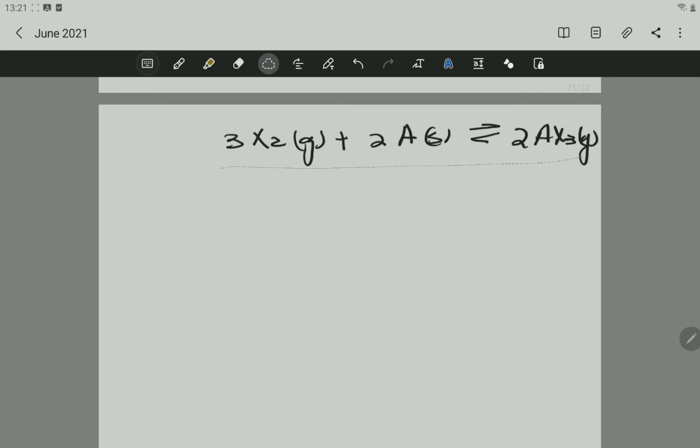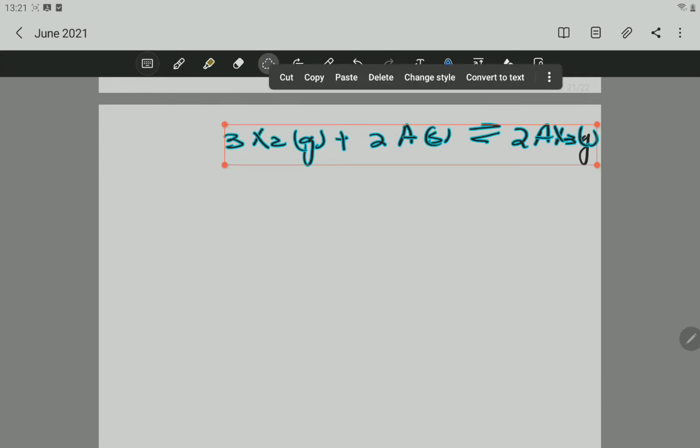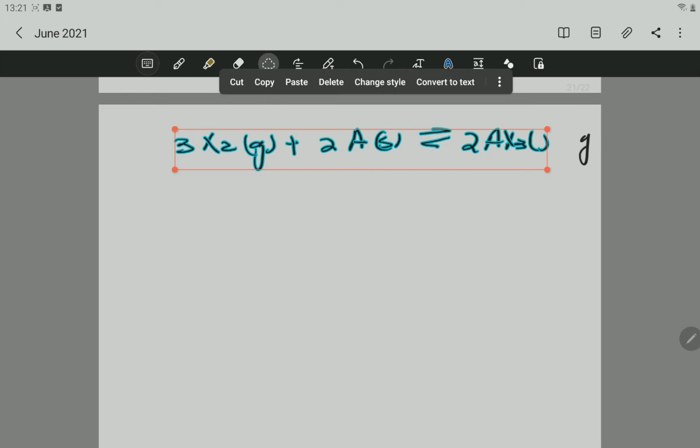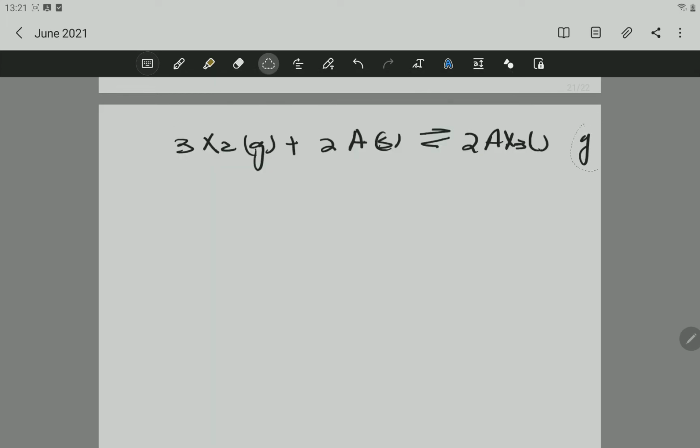Okay, let's take all this quickly and move it a little bit there. All right, so that is the reaction.